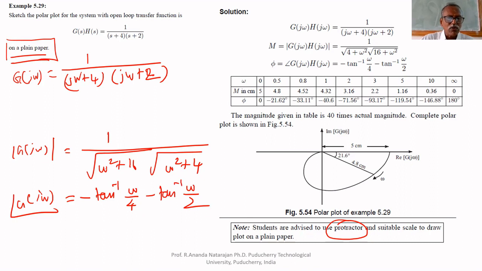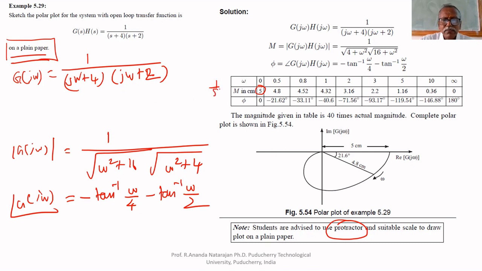What is the first value? When omega equal to 0, you will get 1 by 8.